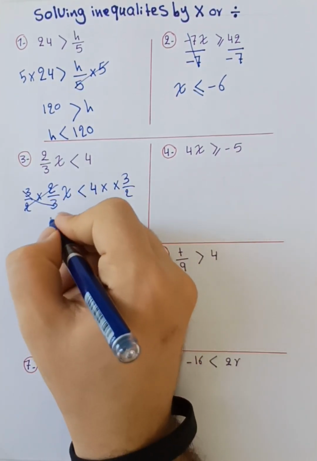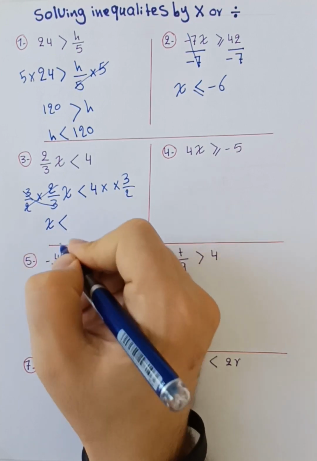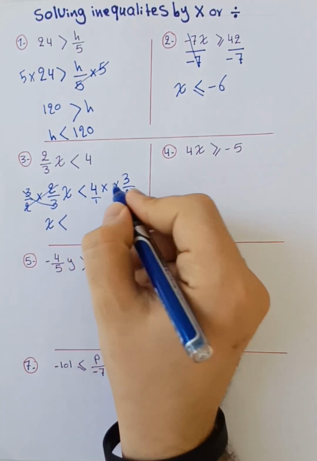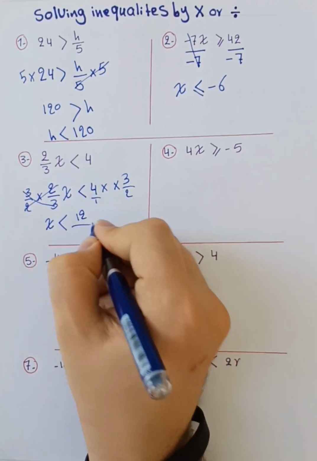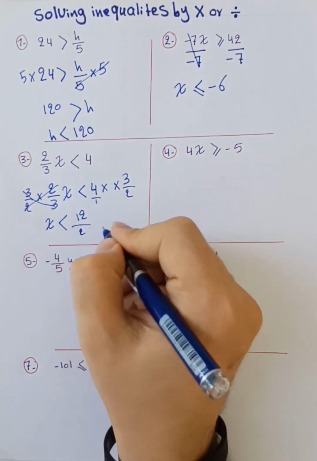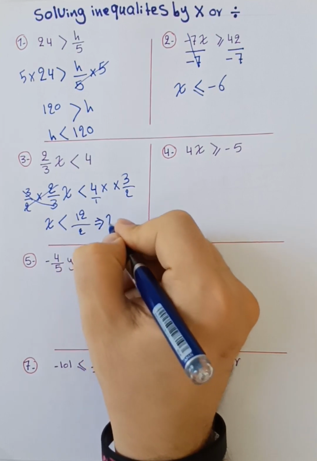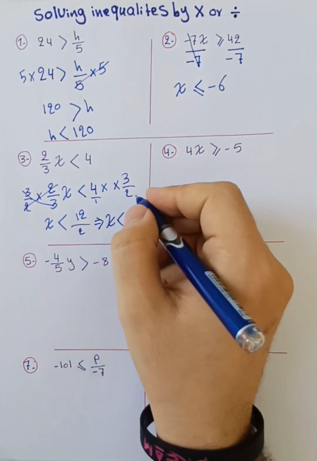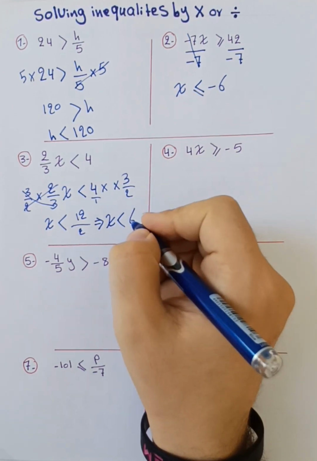These two fractions are reduced, x stays, less than. We have to change this whole number to a fraction. 4 times 3 is 12, 2 times 1 is 2, and then we can write x less than 12 divided by 2 is 6.